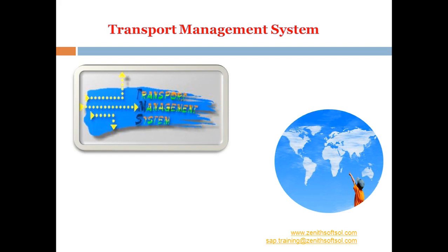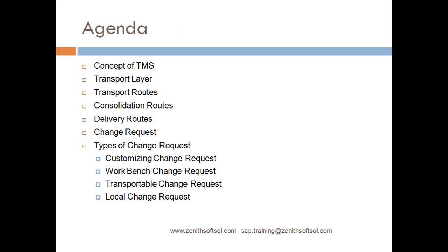So the R/3 change management system, we call it the Change and Transport System, CTS, provides options for data transfer between and within the R/3 systems.